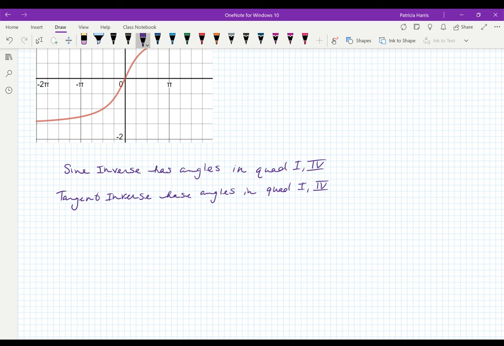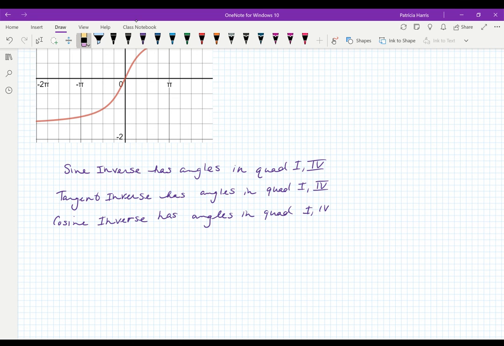But notice that quadrant 4 angles are negative. Cosine inverse has angles in quadrant 1 and 2.